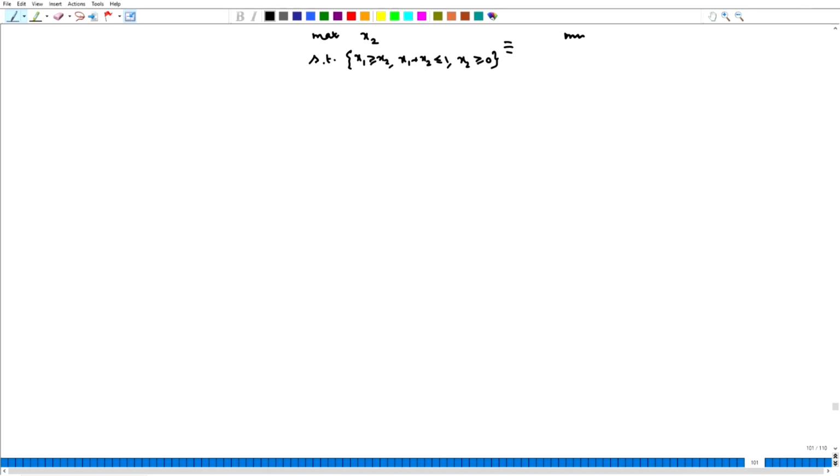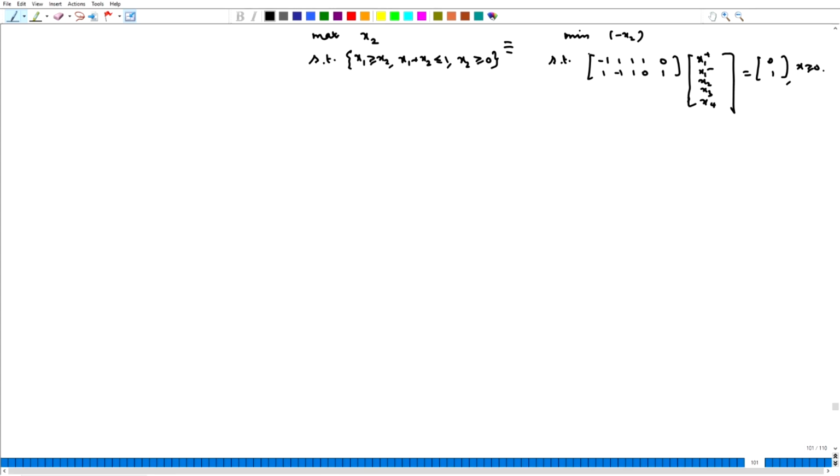So, the standard form is min minus x2, subject to the condition that A is the following: minus 1 1 1 1 0, 1 minus 1 1 0 1, acting on x1 plus, x1 minus, x2, x3 and x4, and this was 0 1. And of course all 5 components have to be greater than or equal to 0.